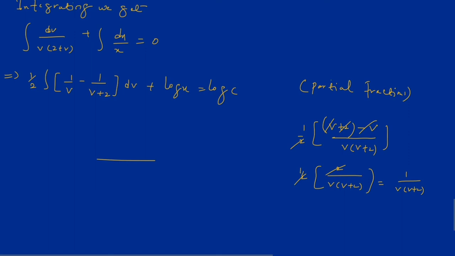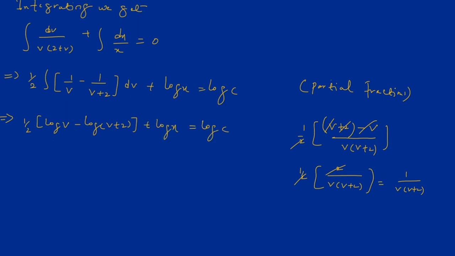So the next step we are going to solve: now integrate this one, 1 by 2 as it is, log v minus log (v plus 2), plus log x, which is equal to log c.